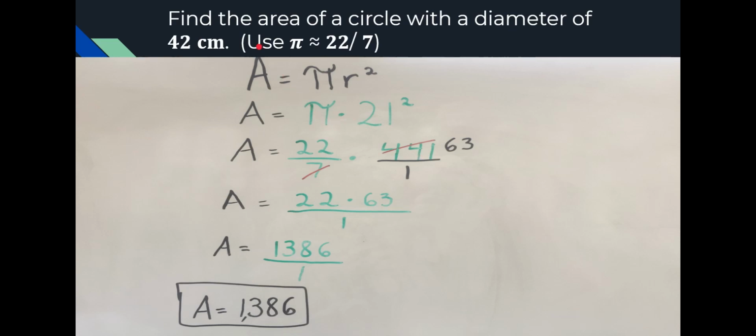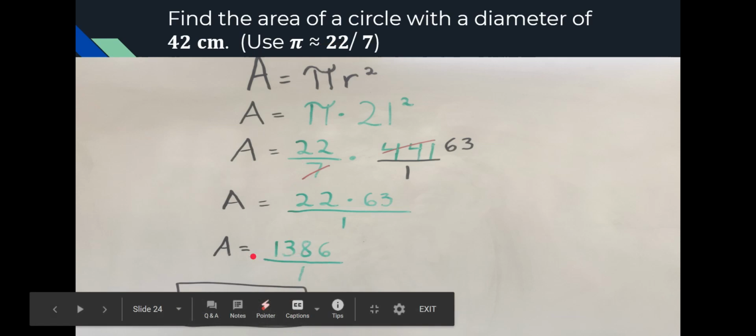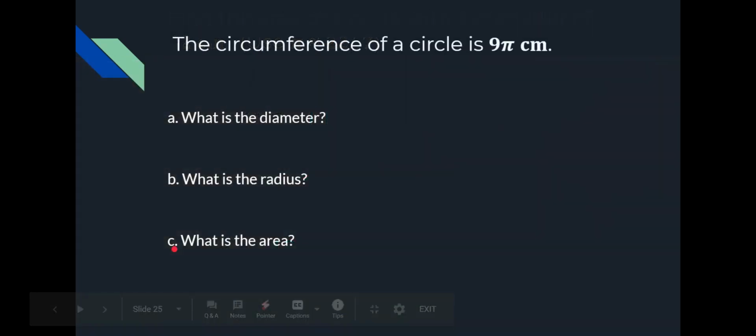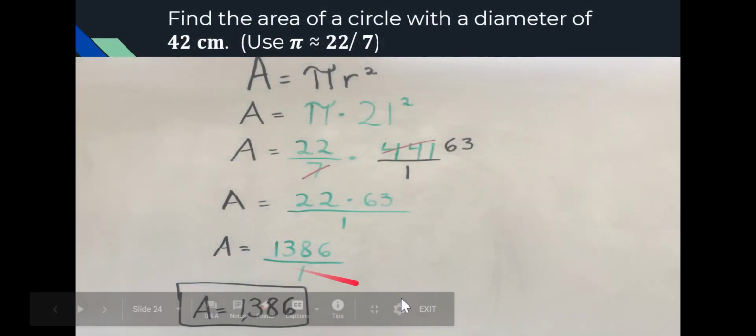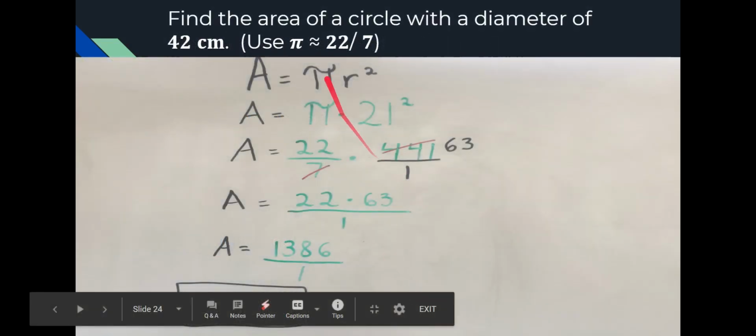Whenever you see this part right here where it says use pi, you use this squiggly equal sign. It's like an equal sign, but it's squiggly. It's an approximation. Now, this is how it wants us to solve.